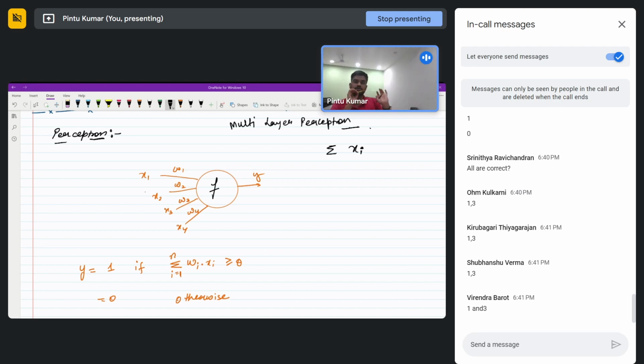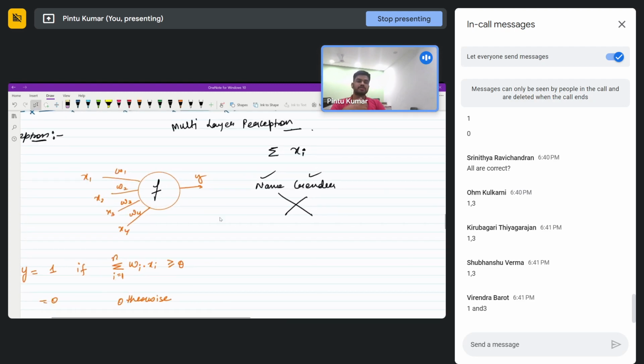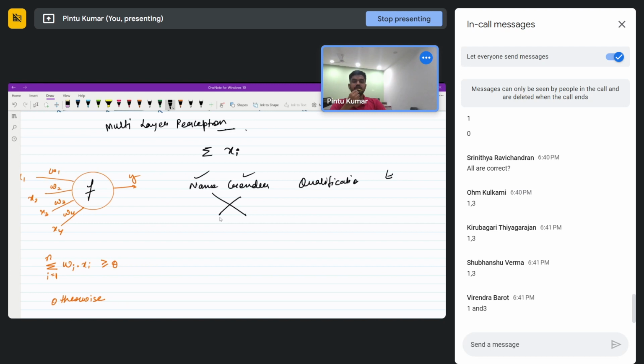Features like name and gender don't make any sense when deciding to hire a person or not. They are irrelevant. But some features, for example qualification or experience of that person, are of high importance to you.